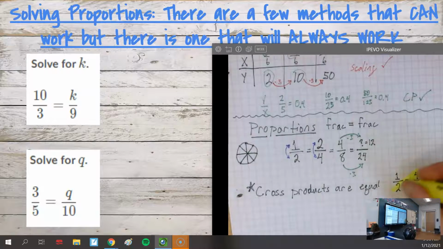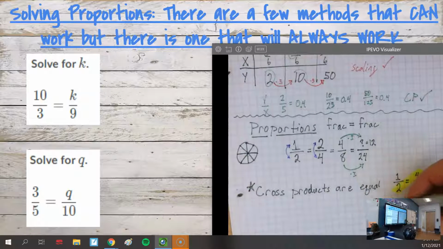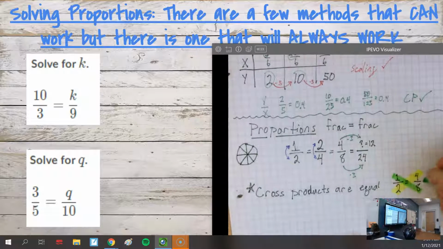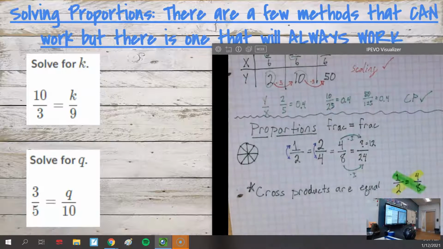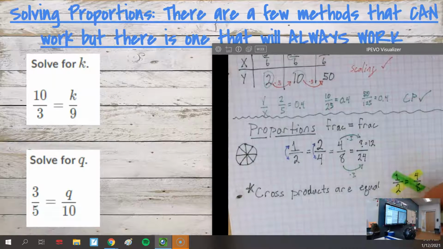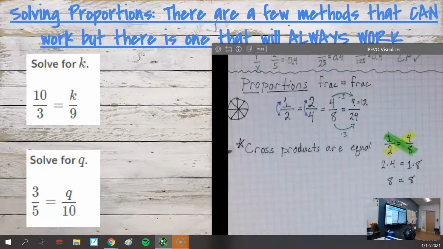So if I look diagonally here, what is 2 times 4? Is it the same thing as 1 times 8? You betcha. Cross products are equal to each other. So if you have a proportion, we know that we have equal cross products.